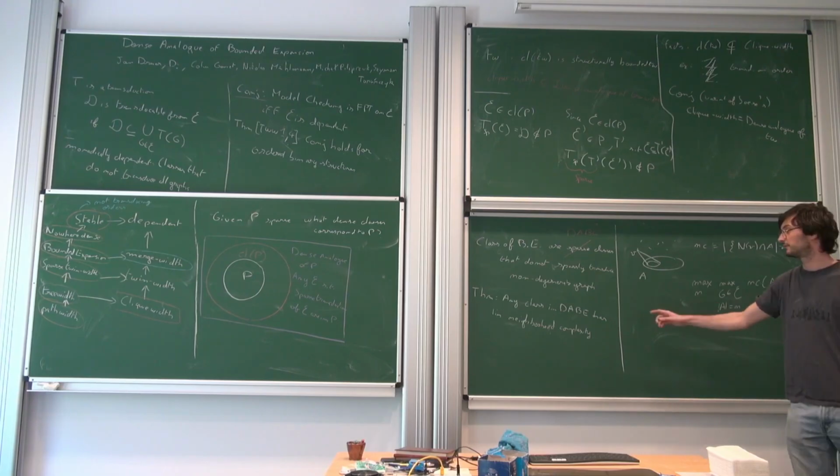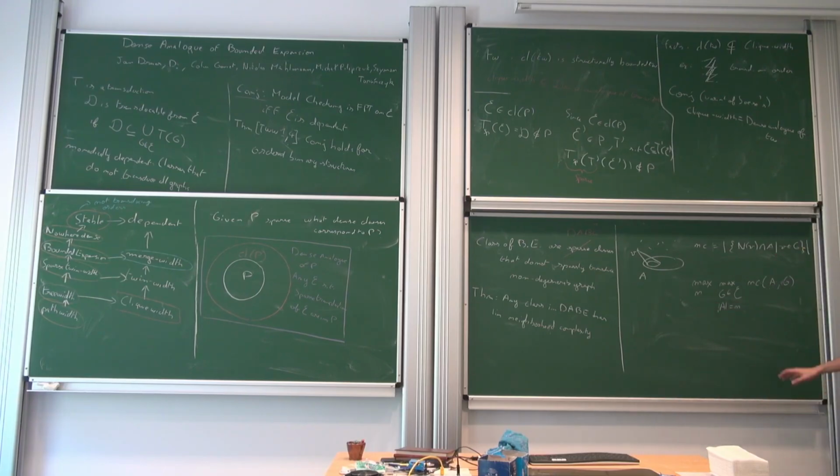Here we don't look at the density, we just count them as C times A. Does it make sense?